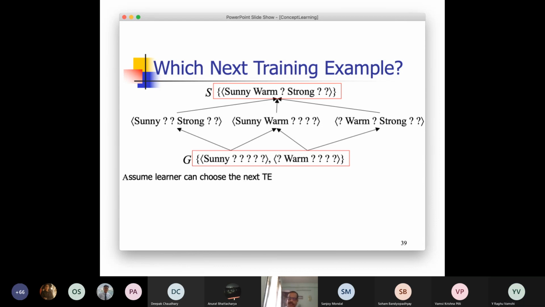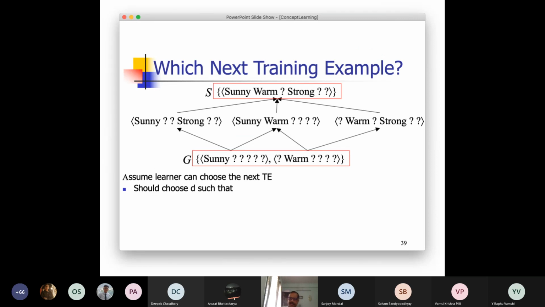But the question is, what is the order of these training examples? The final result is independent of the order. But does the computational complexity, or the number of operations that you require, depend upon the order of the training examples?